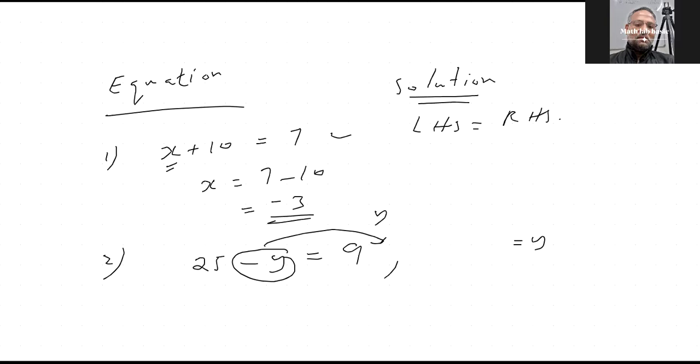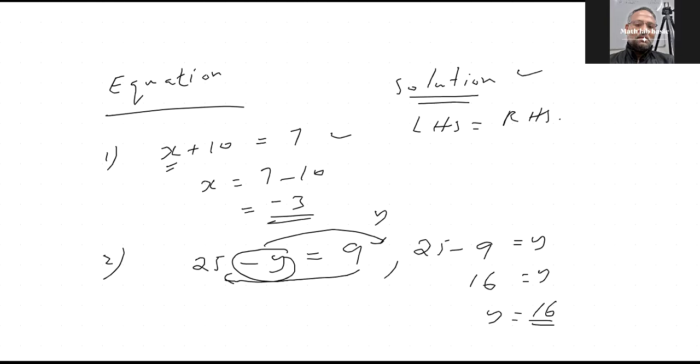There already 25 is there, so 25 minus 9 is y. That means y is equal to 25 minus 9, that means 16. We got the answer y is equal to 16. This is the solution of the equation.